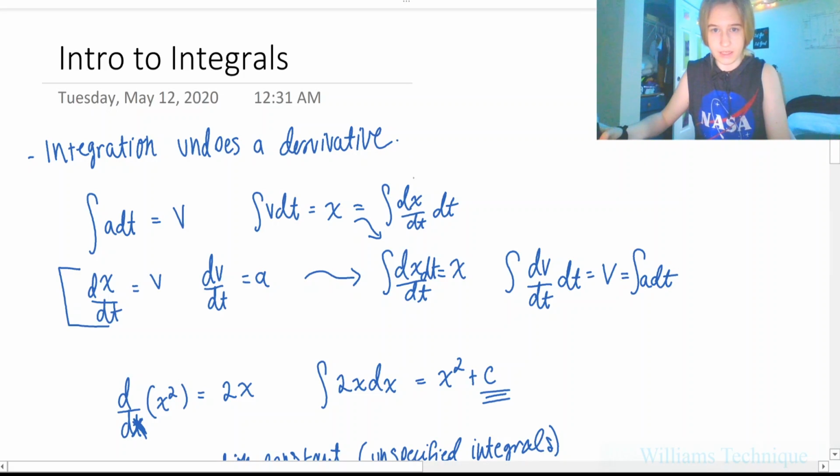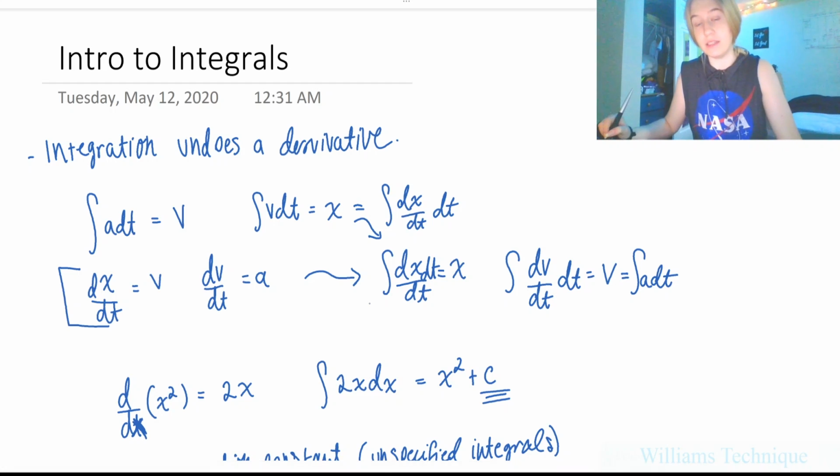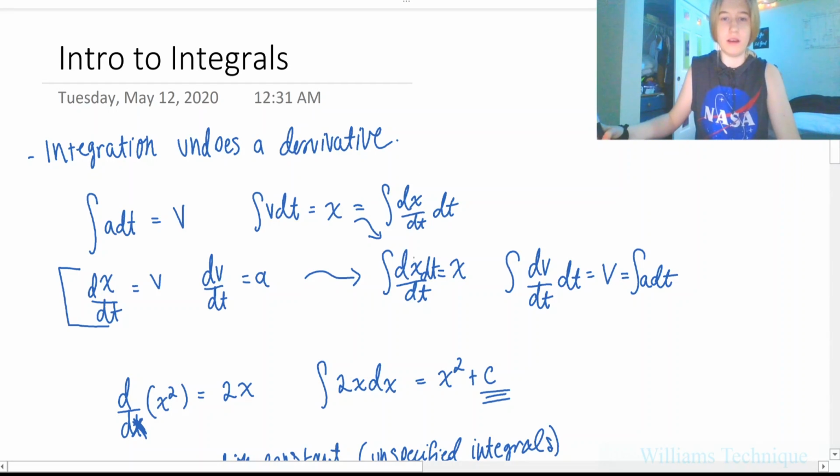And you can say it's with respect to time, x, or y. Just as you can take the derivative with respect to x, y, z, t, anything, you can take an integral with respect to x, y, z, t, anything. It's essentially the same concept, but reverse engineered.